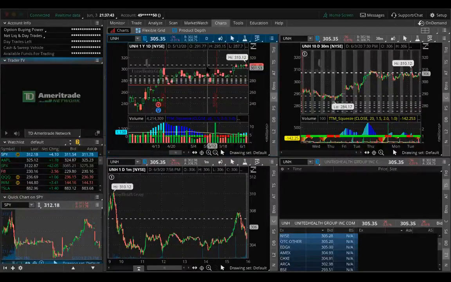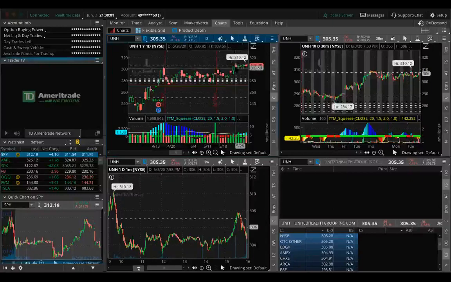You want it to consolidate. Right now it's made a nice move up from the range, almost a $10 move, and it's just consolidating. So it could be getting ready for the next push higher.